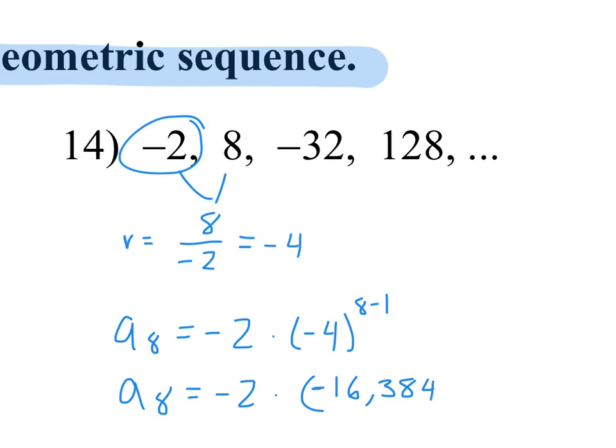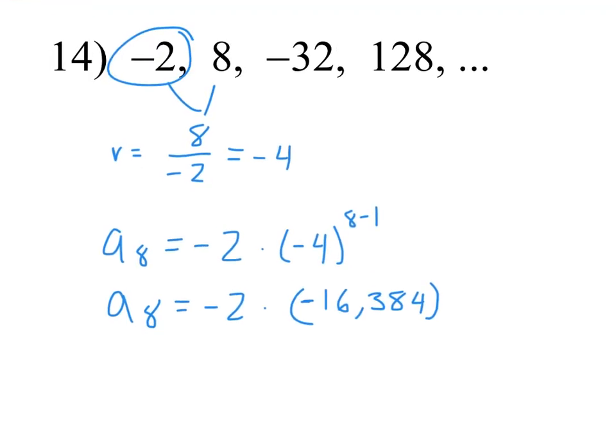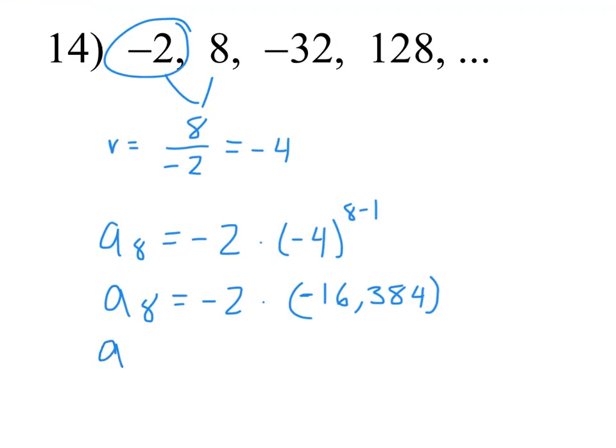It's actually -16,384. And now we multiply this times -2. Remember, a negative times a negative becomes a positive. So our 8th term is going to be 32,768.